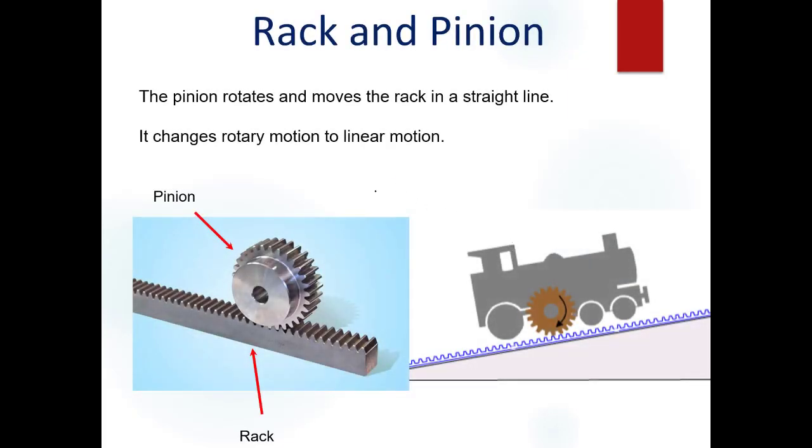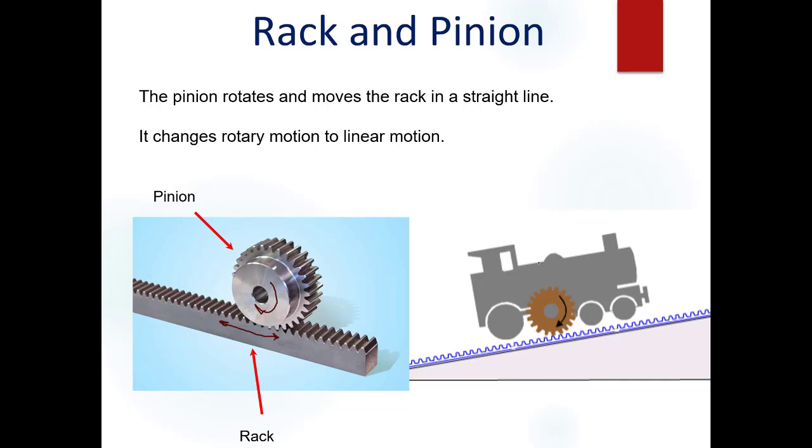We have our rack and pinion. Now, we've mentioned this before. It changes rotary motion in the pinion, into linear or reciprocating motion in the rack. They're used on train systems in the Alps, for example, when a train has to go up a very steep slope. They can also be used in things like roller coasters and things like that.